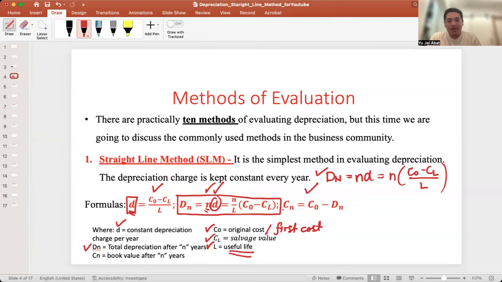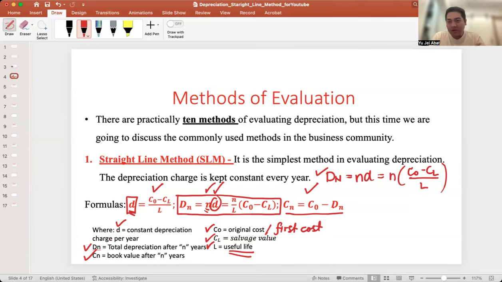Okay. And lastly, we have the third formula. We have C sub n equals C sub O minus D sub n. So C sub n is what we call the book value after n years. After how many years? It talks about what really is the value of the equipment after subtracting from the original cost, or the first cost, the total depreciation D sub n after n years.